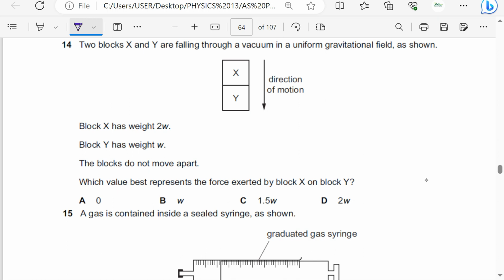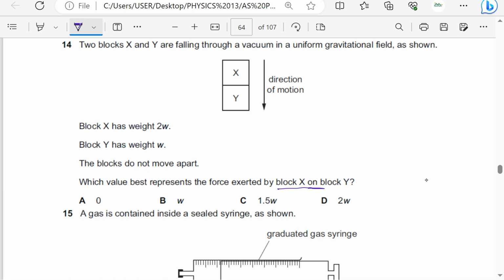Which value best represents the force exerted by block X on block Y?